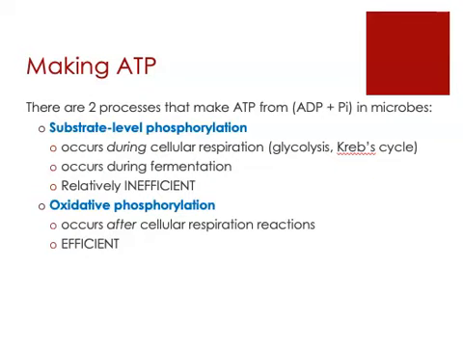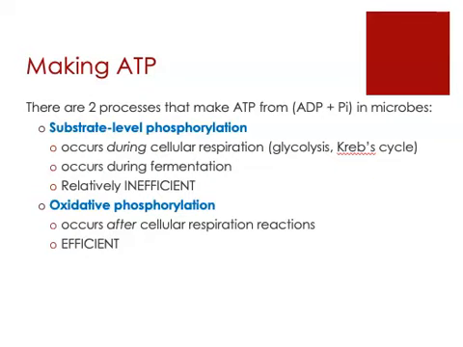We need a ready, steady source of ATP, and substrate level phosphorylation is not the mechanism to do that. It's going to make some ATP, so we'll take it as a living cell, but we need a better mechanism. We need a more efficient mechanism as well. And that's where oxidative phosphorylation comes in.